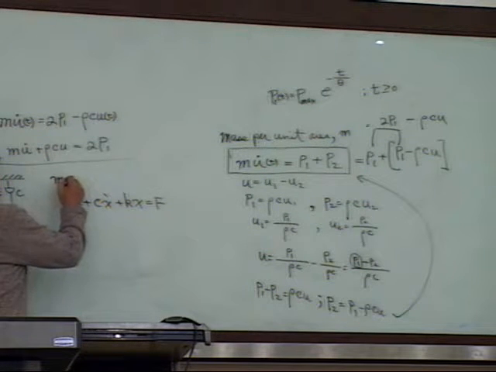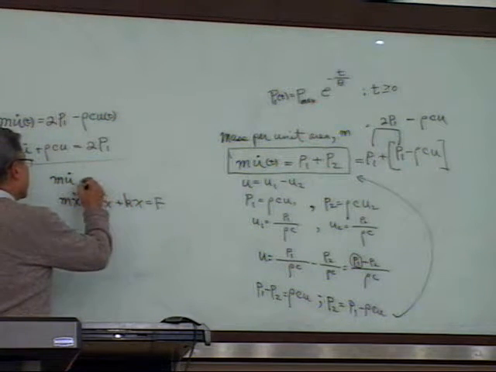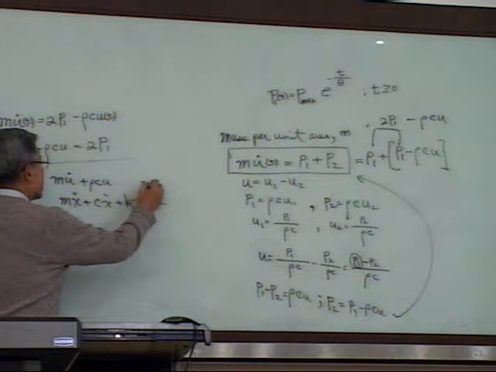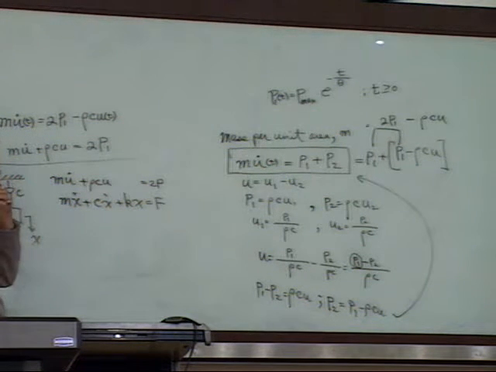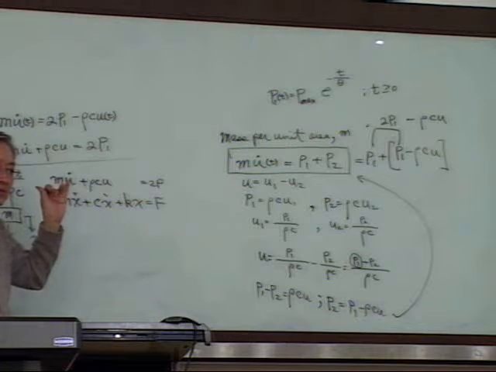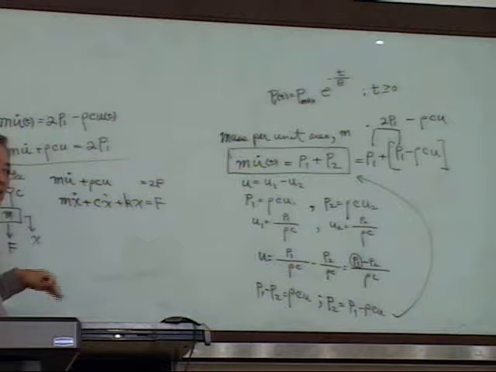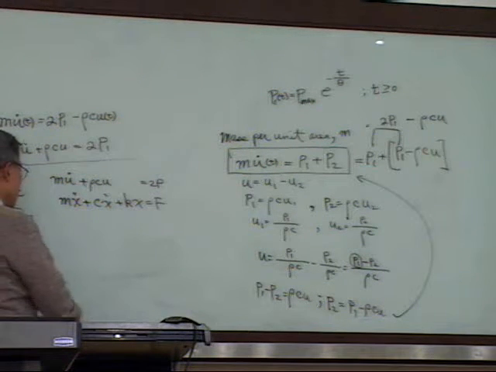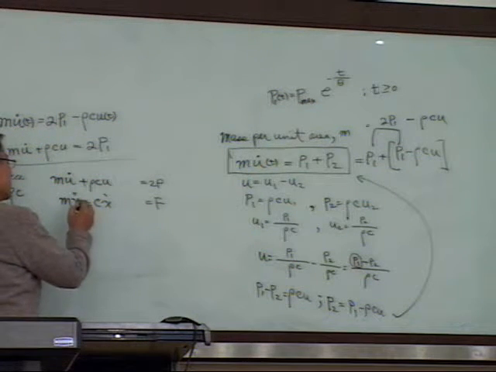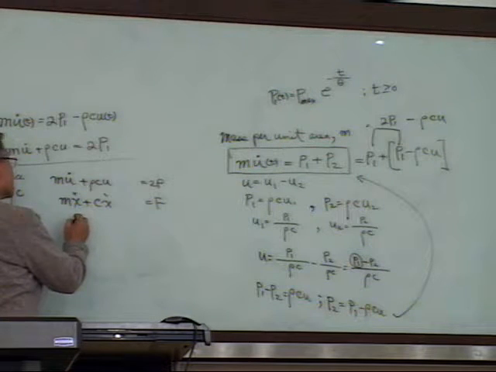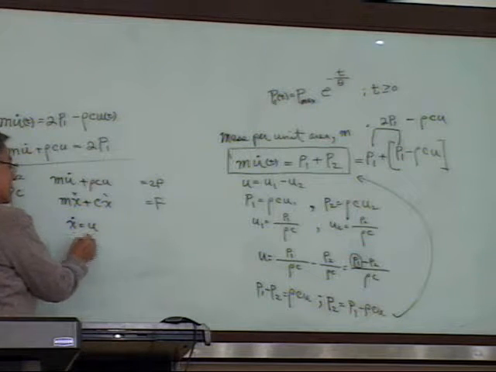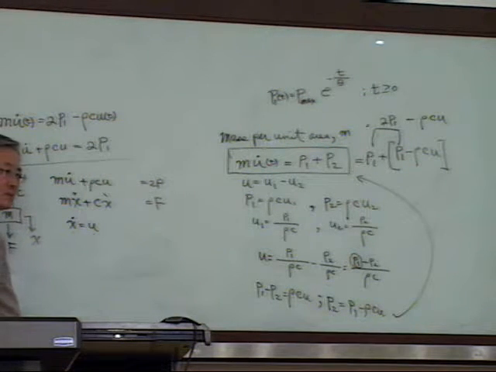I'm going to write here mu dot plus rho C u is equal to... In our case, we don't have any spring. I'm going to put in the spring later. So if you compare this, it is like this. As I said, x dot is like a velocity, and x is deformation.